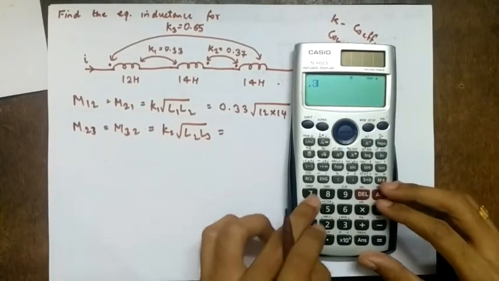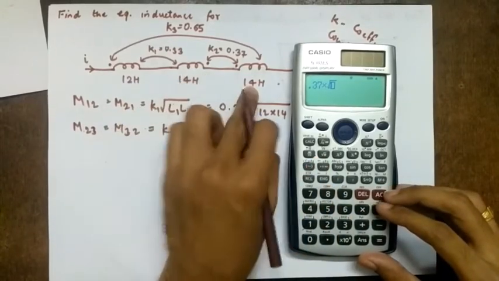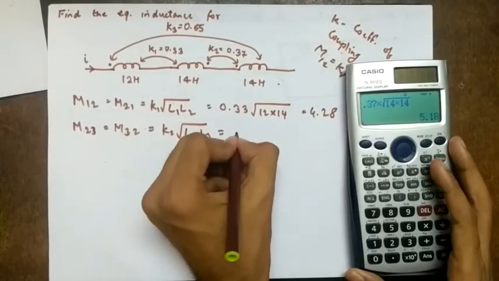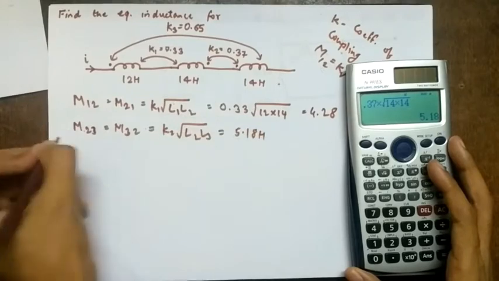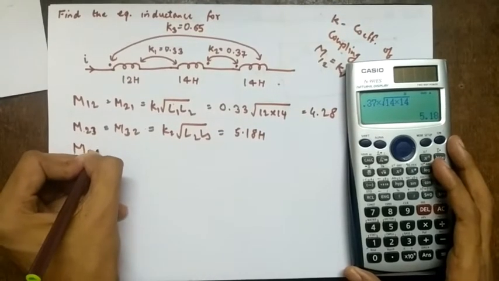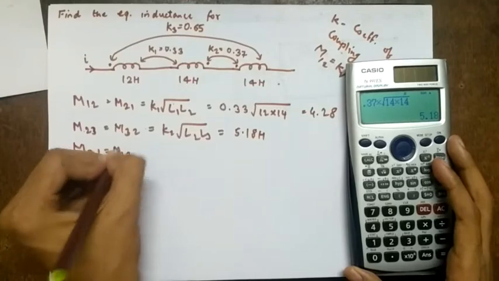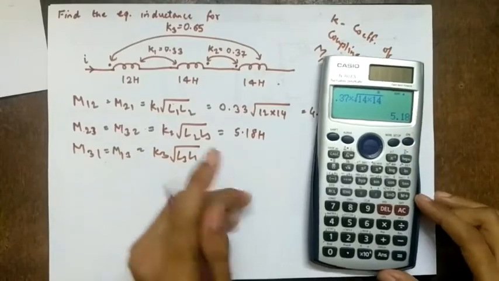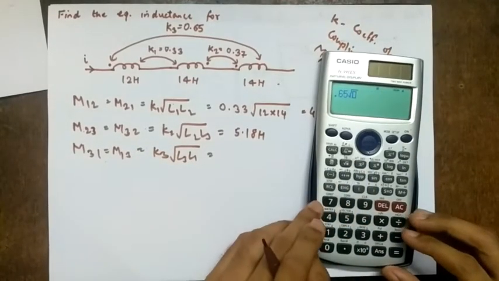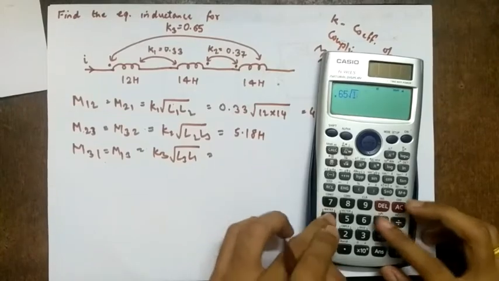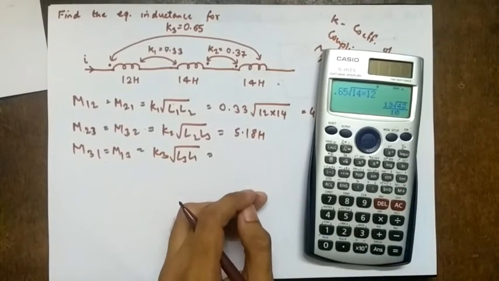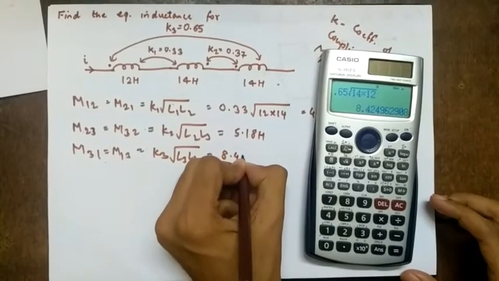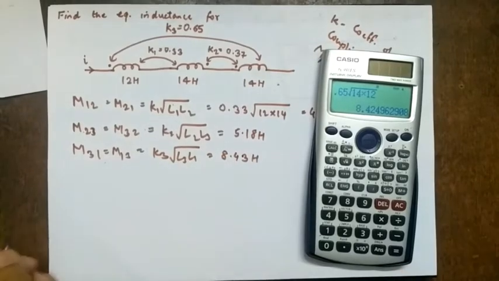It is 0.37 into square root of 14 into 14, so 5.18 Henry. M31 equal to M13 equal to K3 root L3 L1. K3 is 0.65 into square root of 14 into 12, so 8.425, that is 8.43 Henry. Right?